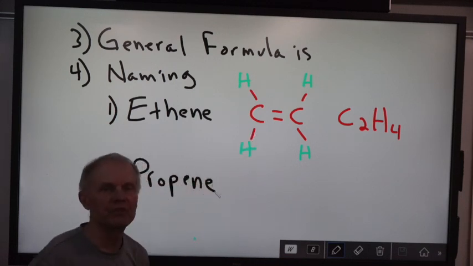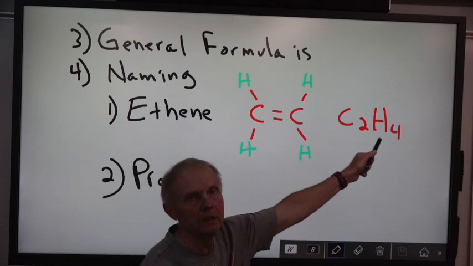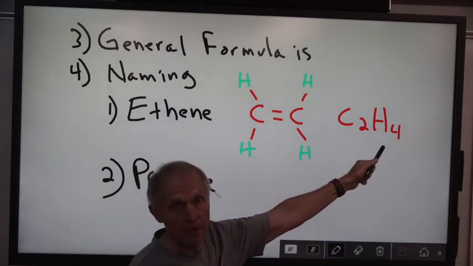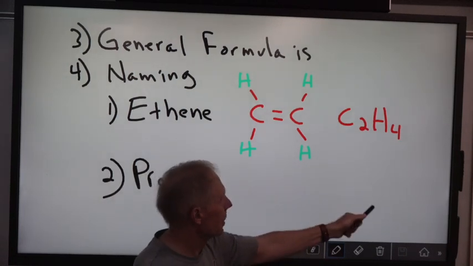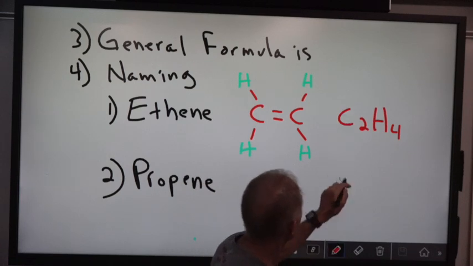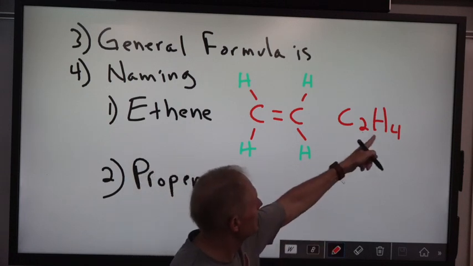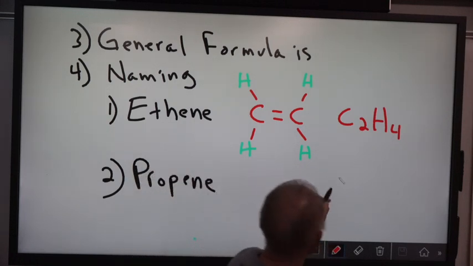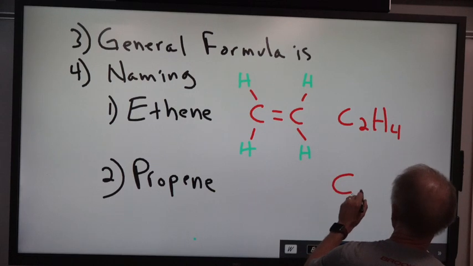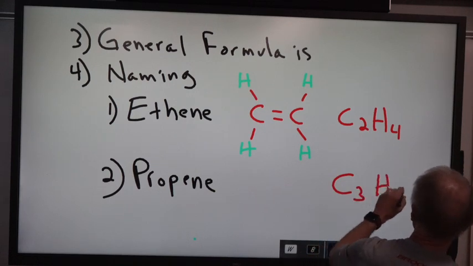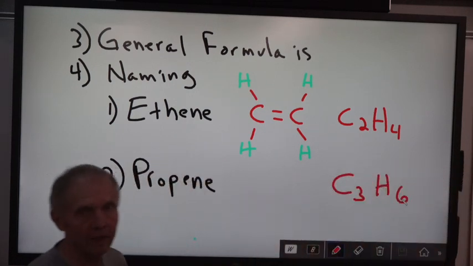But let's not build the structural formula. Let's look over here. Each member differs by one carbon and two hydrogens. So the molecular formula for propene must be one more carbon there and two more hydrogens there. So it must be C3H6. That's what it's got to be.